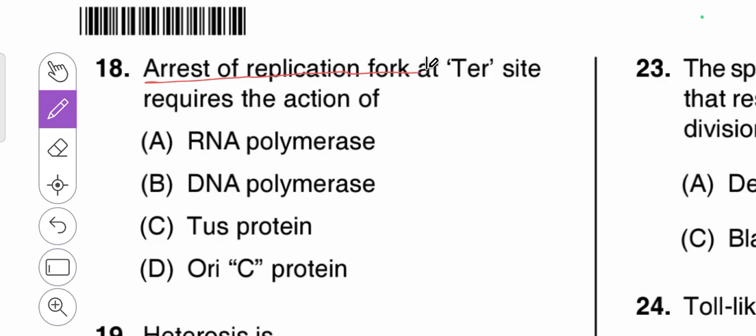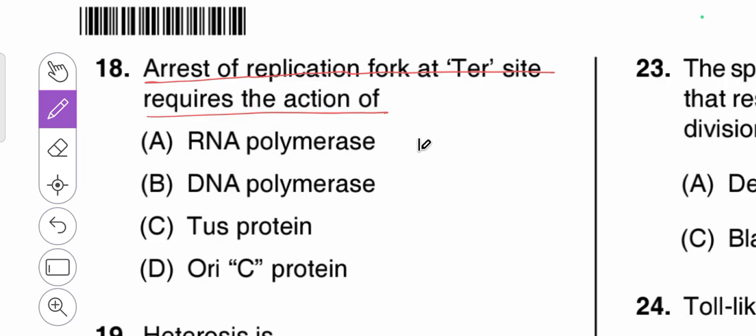Arrest of replication fork at a ter site requires the action of. Here, the replication process takes place during the S phase of the cell cycle. During replication, the replication fork is observed where the DNA strands get unwound through the enzyme helicase.